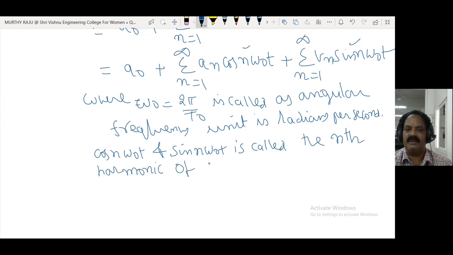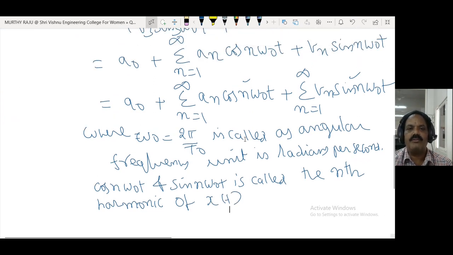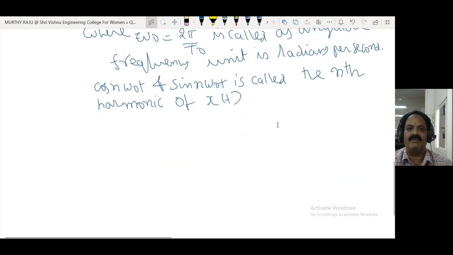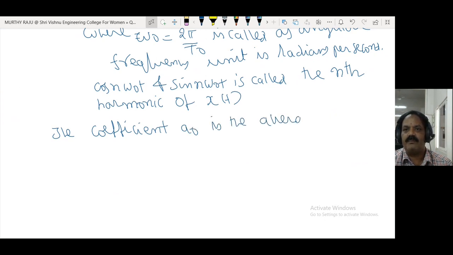The coefficient a naught is the DC component or average value of x of t.